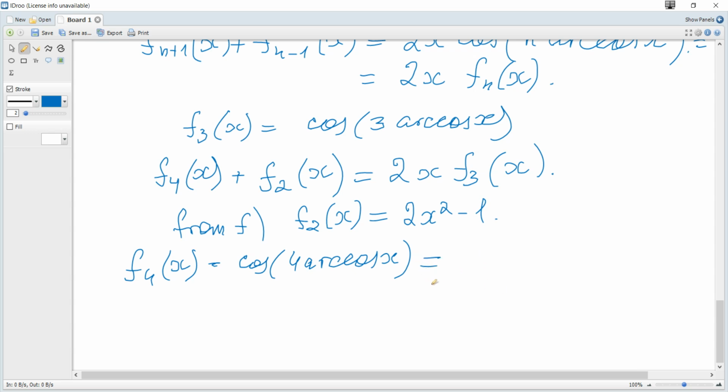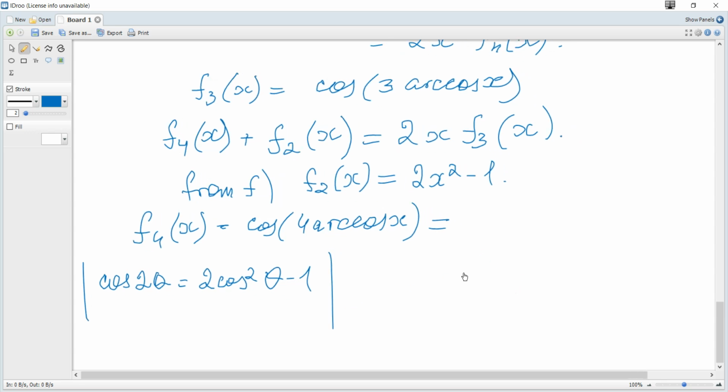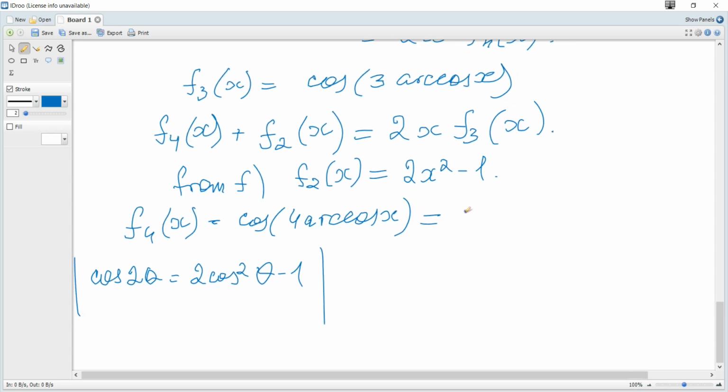Similarly to f2(x), we can use the double angle formula, which says that cosine of 2 theta is 2 cosine squared theta minus 1, so it becomes 2 cosine squared of 2 arccos x, minus 1.